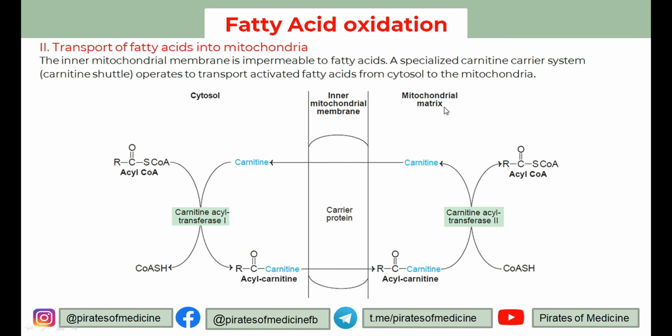Carnitine takes the acyl coenzyme A, or the activated fatty acid, and for this process it uses the enzyme carnitine acyl transferase, and it forms a bond with the acyl coenzyme A to form acyl carnitine. Now this acyl carnitine can be easily transported into the mitochondrial matrix.